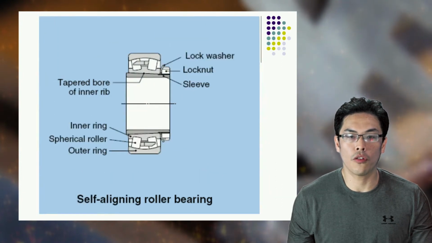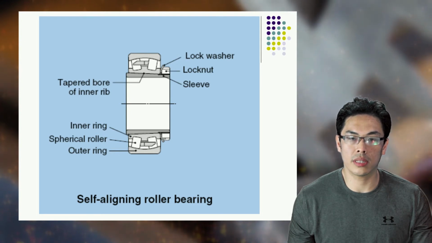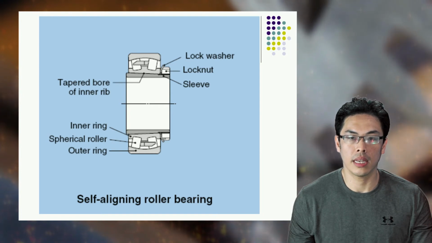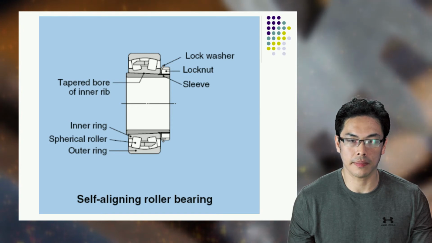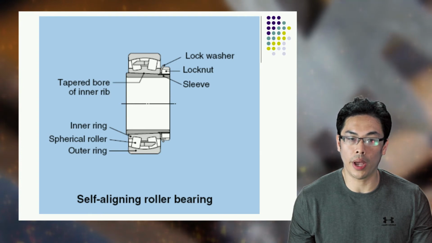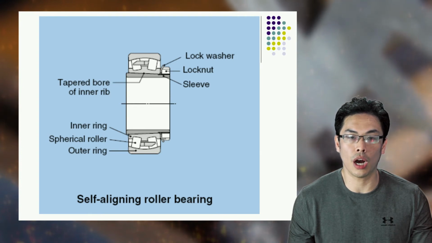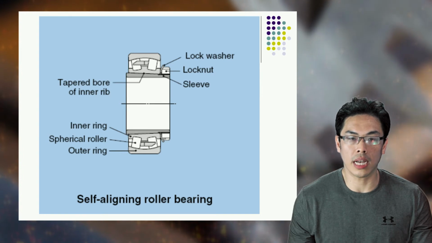This type of bearing is recommended when alignment of the shaft and housing is difficult and the shaft may flex. The outer ring has a spherical raceway and its center of curvature coincides with that of the bearing.